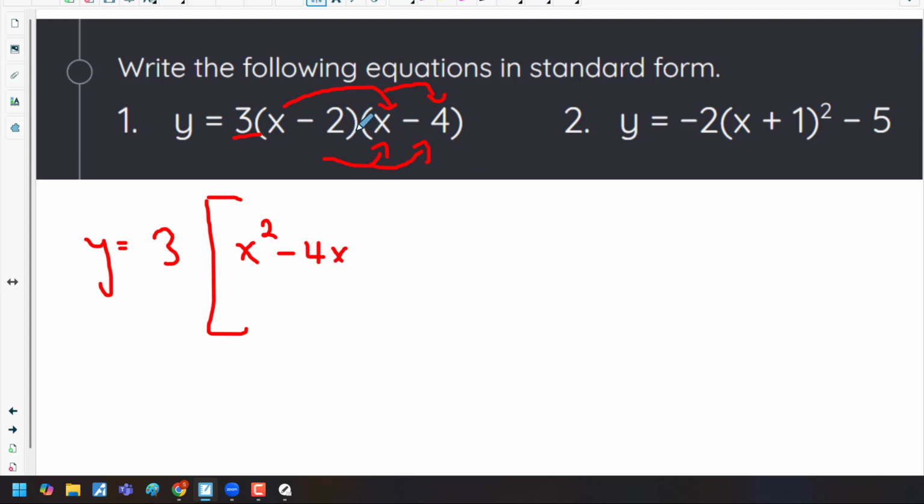Negative 2 times x is negative 2x. And here's a trick. What's negative 2 times negative 4? It's positive 8. And now we are going to combine the like terms, which are right over here.